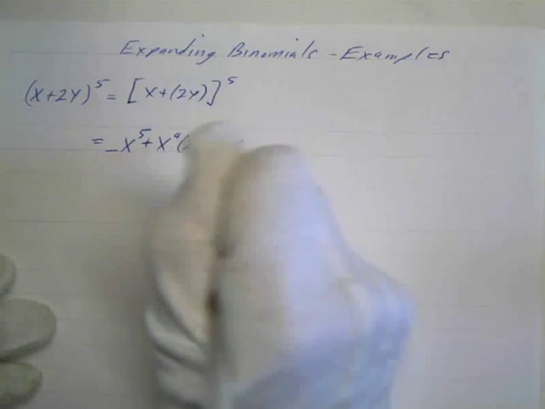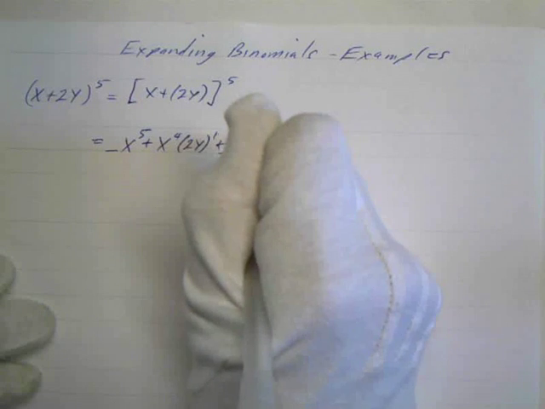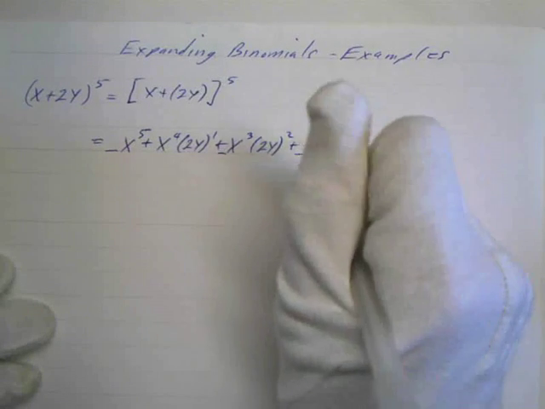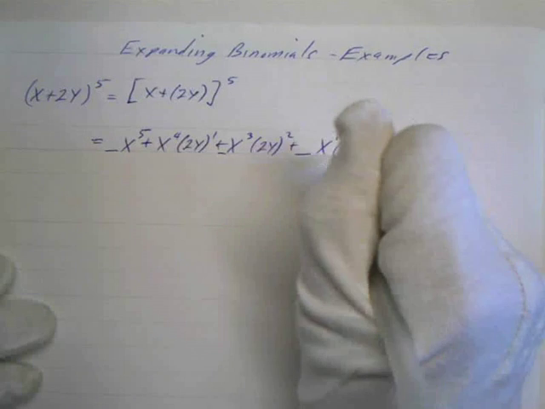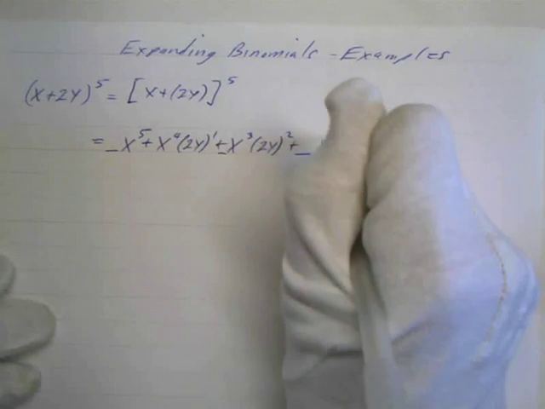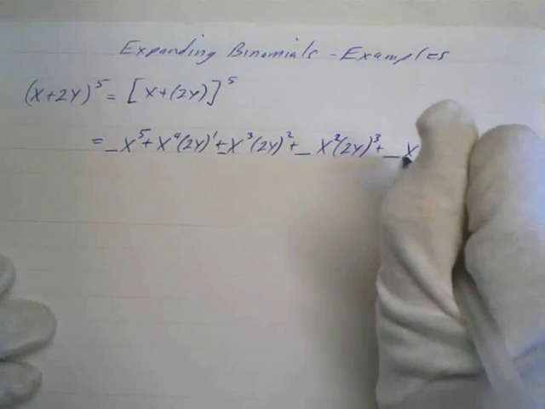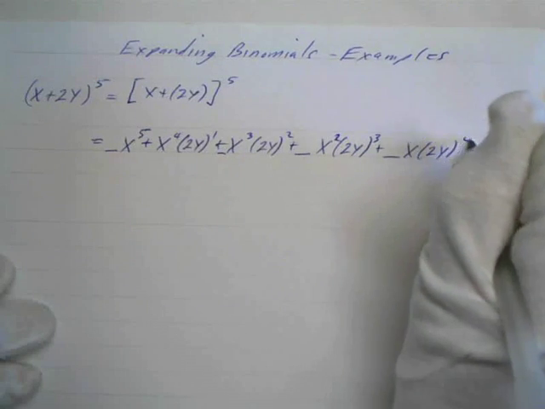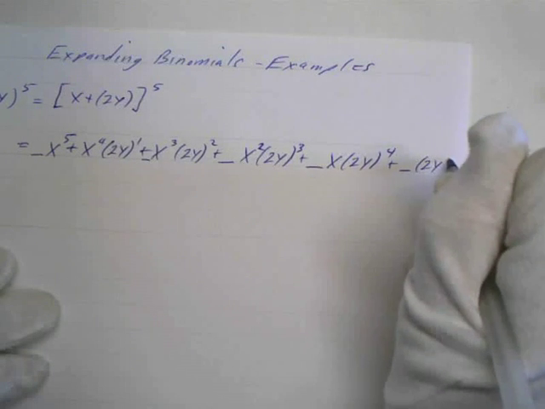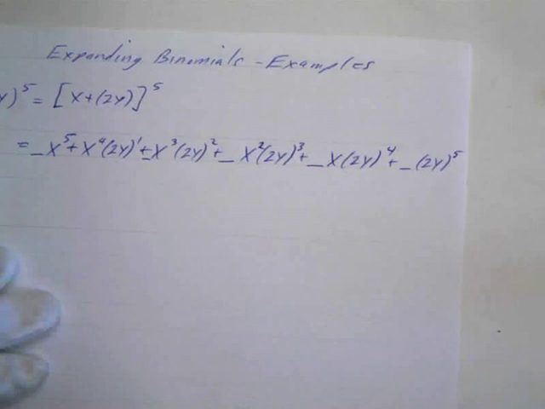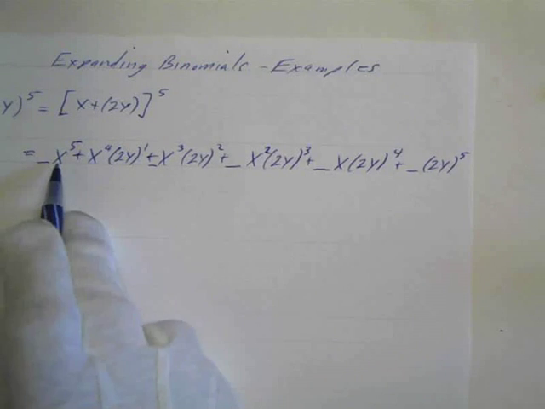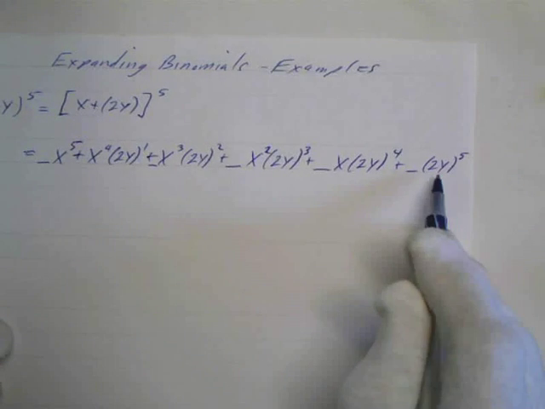And then plus something times x to the third, and 2y to the second, plus something, x to the second, 2y to the third, plus something, x, 2y to the fourth, and then plus something, and then 2y to the fifth. Okay? My first term was x, so we have x to the fifth, and my second term was 2y, we have 2y to the fifth. We end up with that.